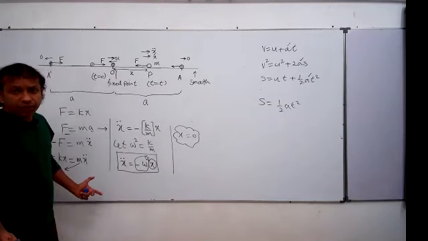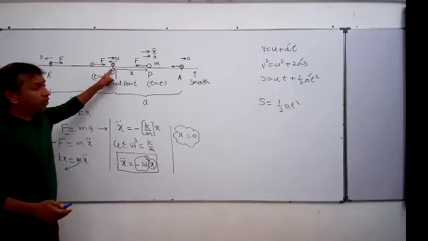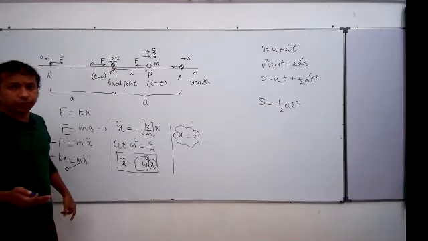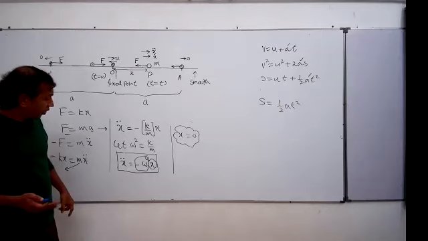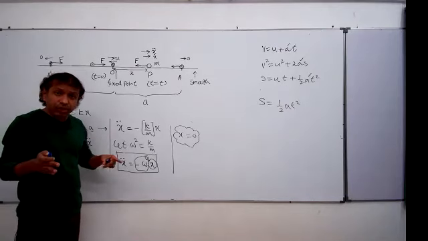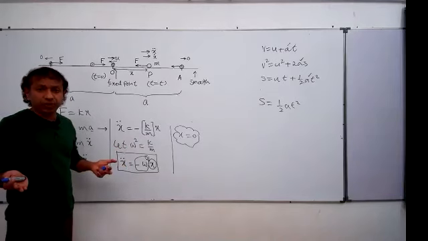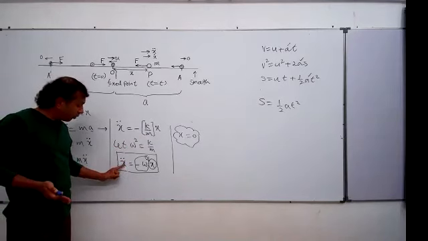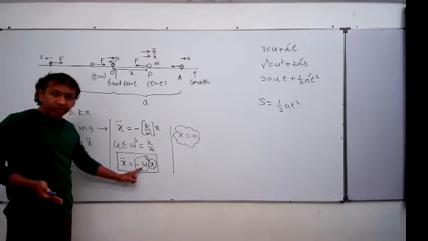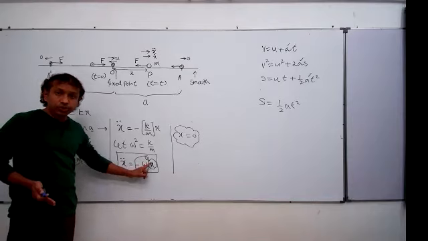We define the center as the point where the force acting on the particle is 0. If this force is 0, acceleration is 0, according to F equals ma. Acceleration is x double dot. If this x double dot is 0, since omega squared is not 0, x should be 0.